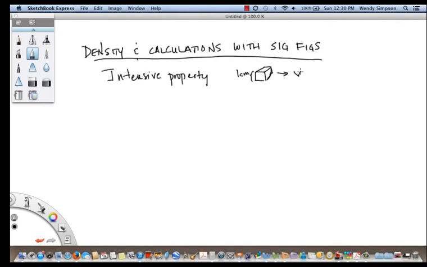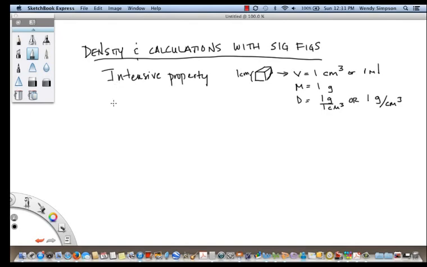This cube will have a volume of 1 centimeter cubed, or 1 milliliter if we filled it with water. And if this cube had a mass of exactly 1 gram, then the density would be 1 gram over 1 centimeter cubed. And we would say the density of the cube is 1 gram per centimeter cubed. That's how we express density.